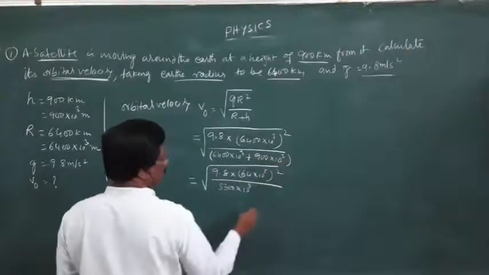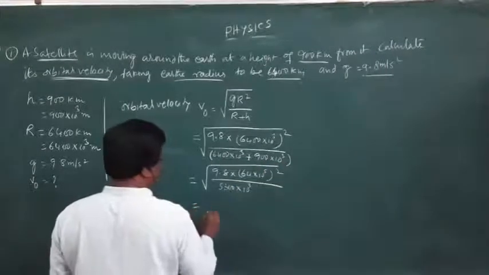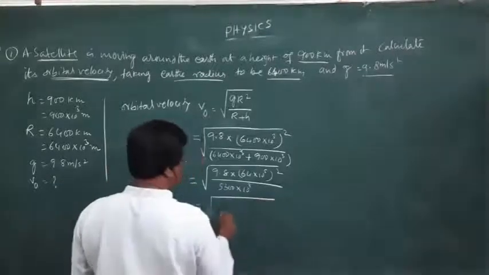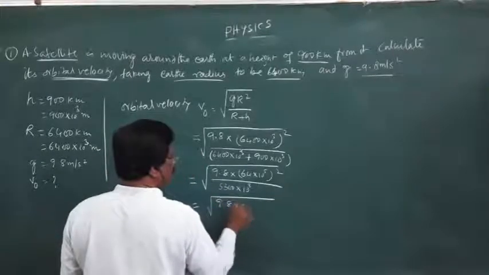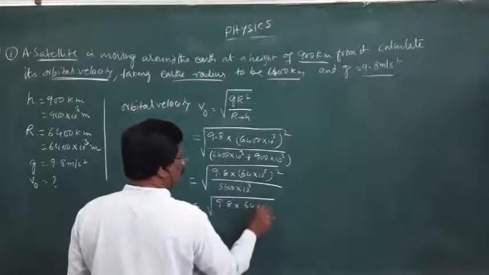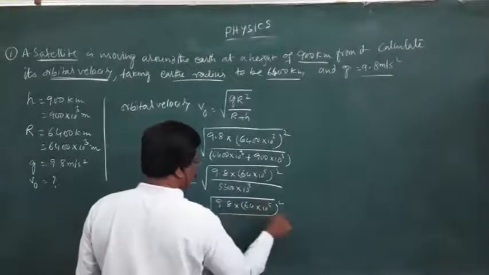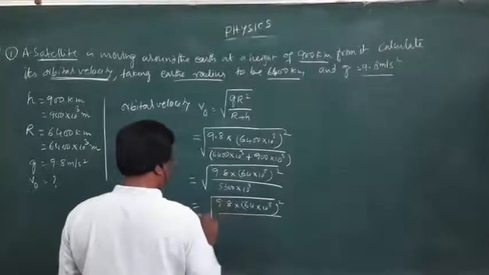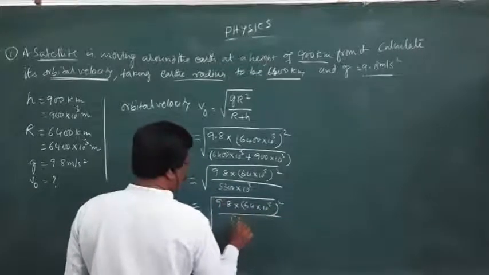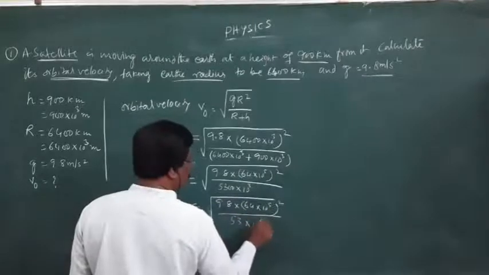So this is 9.8 into 64 into 10 raised to 5 whole square divided by 53 into 10 raised to 5.